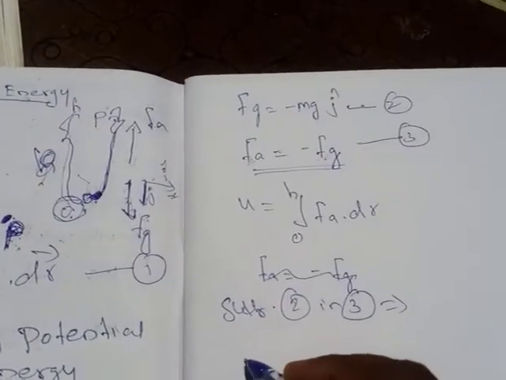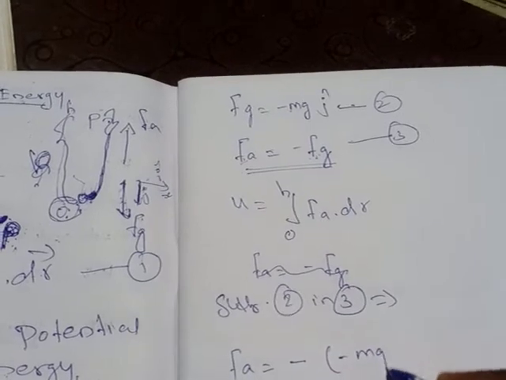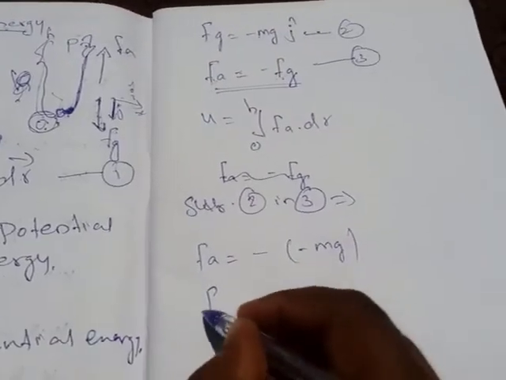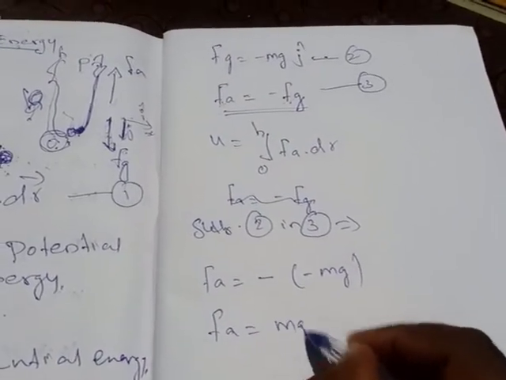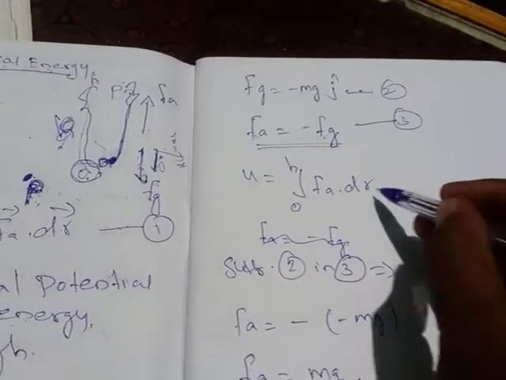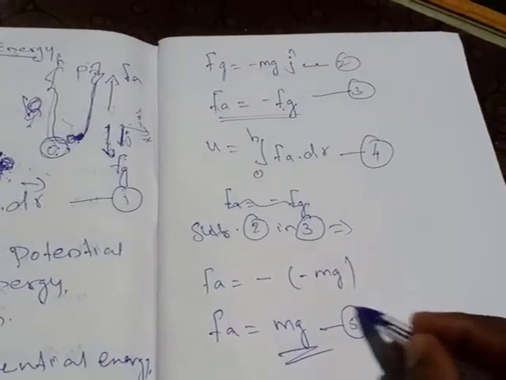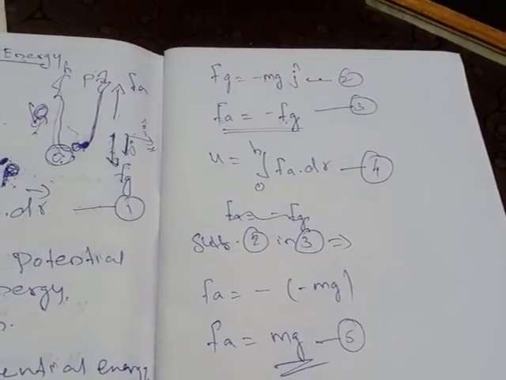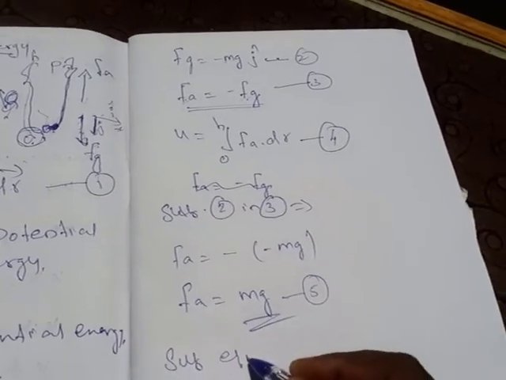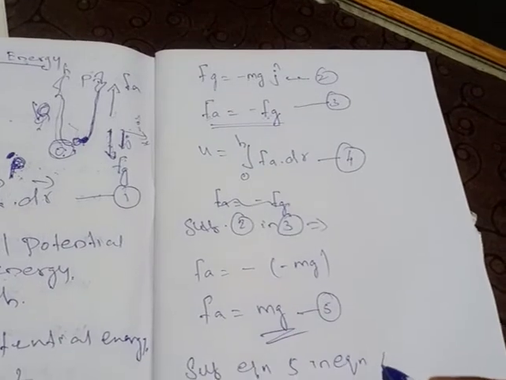Then we get Fa is equal to minus of minus mg, so Fa is equal to mg. Now this is equation 4, and this you can keep as equation 5. Now you can substitute equation 5 in equation 4.